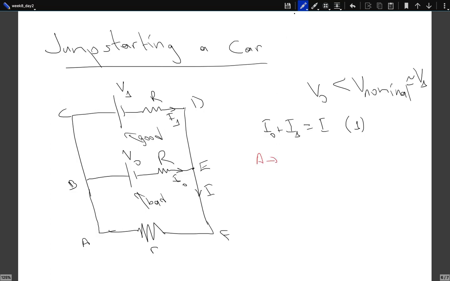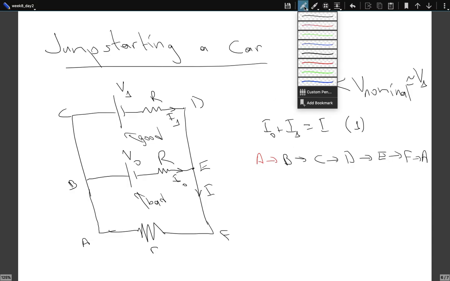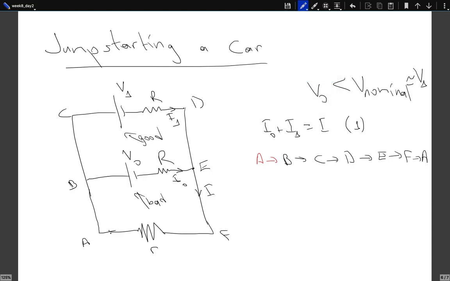Then to which? From A you go to B and C, then to the point D, then the point E, then the point F, then A. So this is your loop.